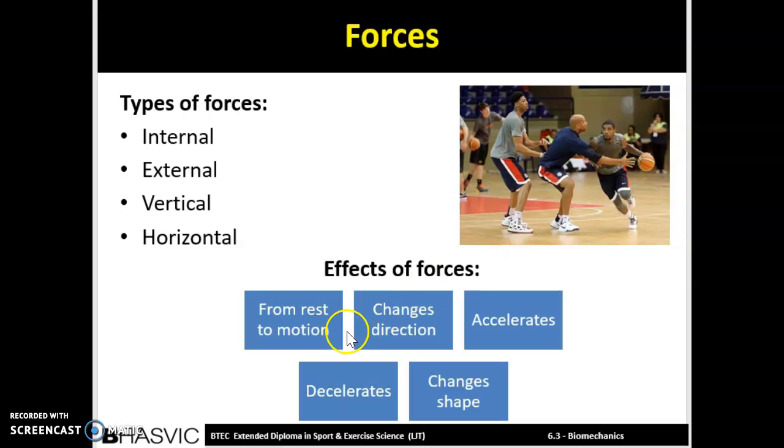When forces are applied, they have different effects on the body. One effect could be that it starts from rest and generates motion. If this player here caught the ball, they'd be starting at rest. They could jump and catch the ball at rest and then begin to dribble with the ball.